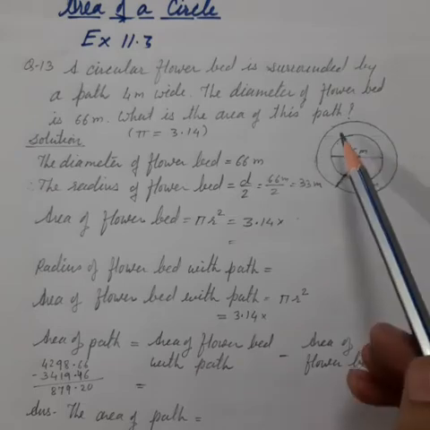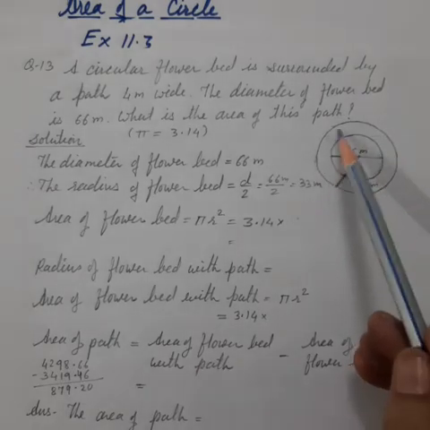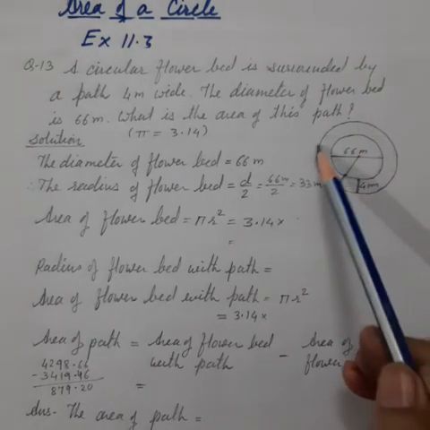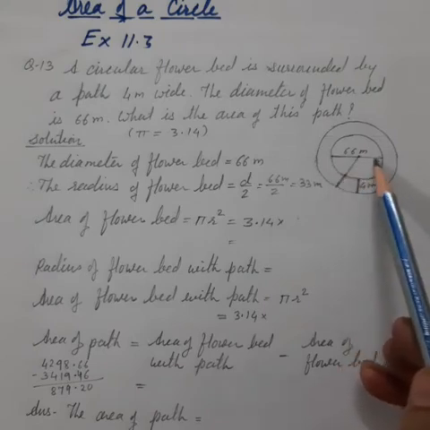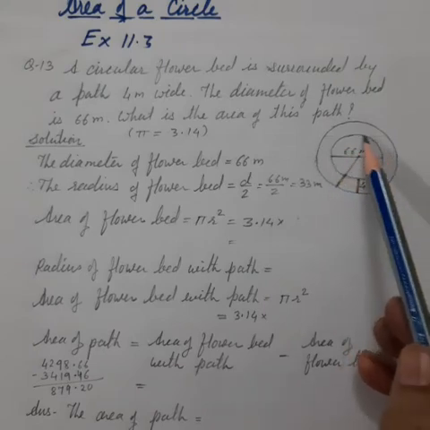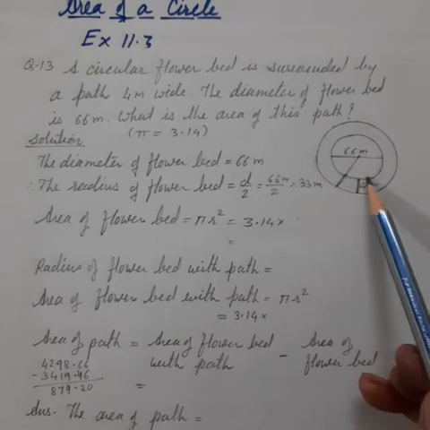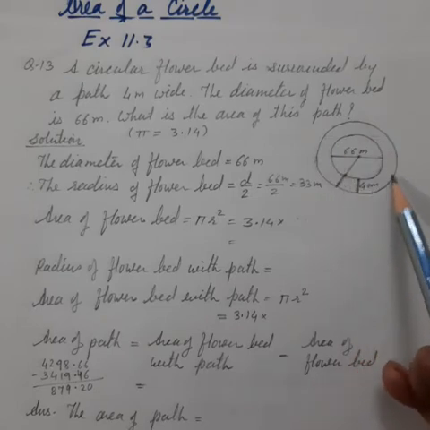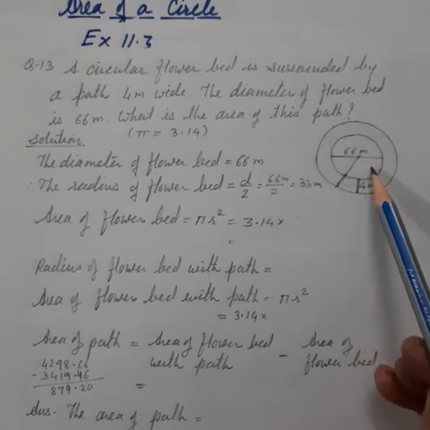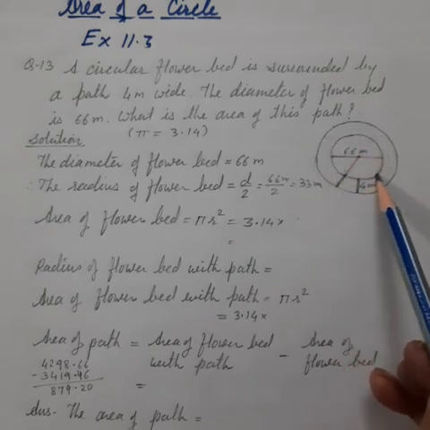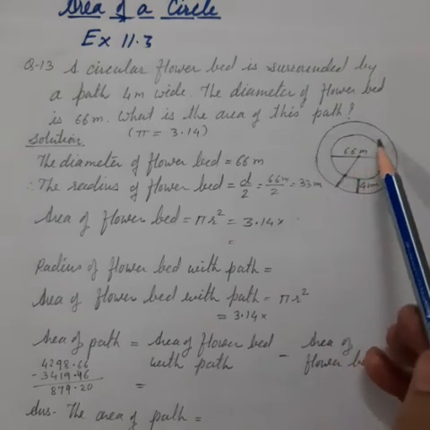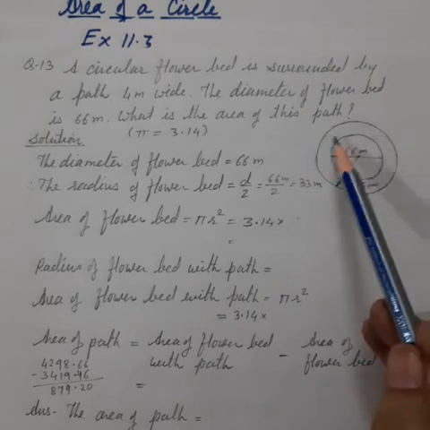We have to find out the area of this path. To get the area of this path, we have to subtract the area of this flower bed from the area of flower bed with this path. That means here we have to subtract the area of inner circle from the area of outer circle.